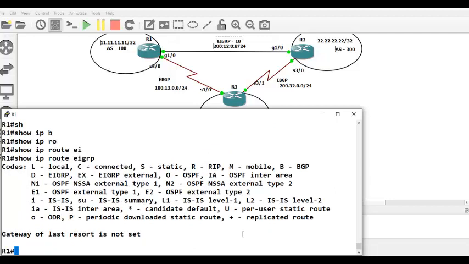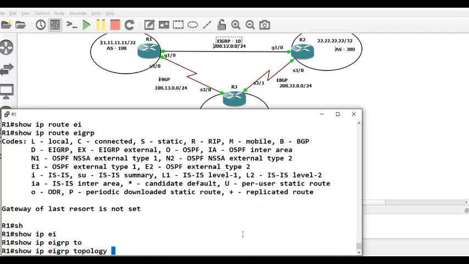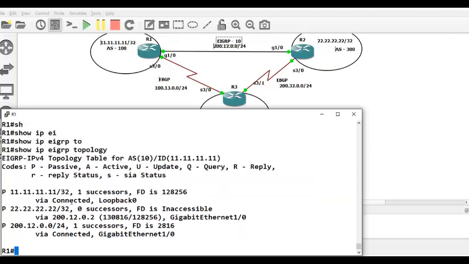You know why? The administrative distance. But the topology table will show you. Show IP EIGRP topology. The topology table shows you 22, but there is no successor. Why is it not a successor? Because this is not fulfilling the RIB, routing information base requirement.